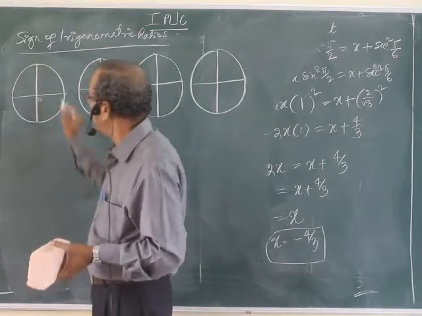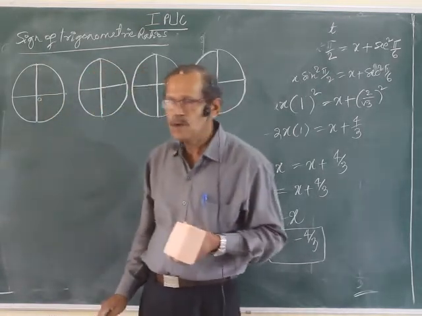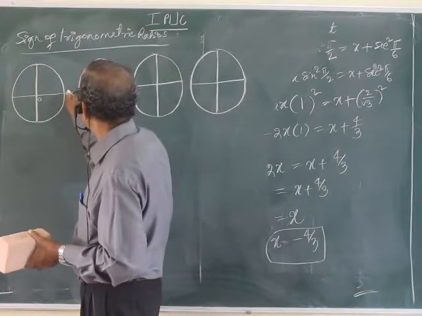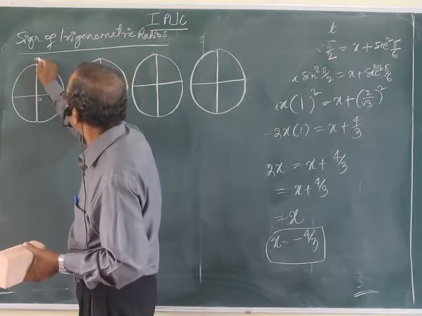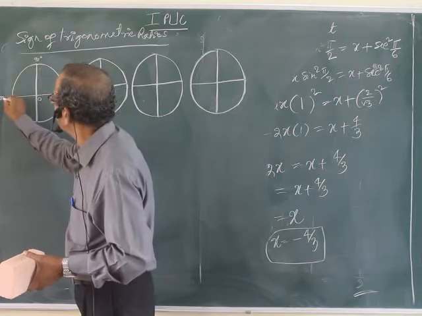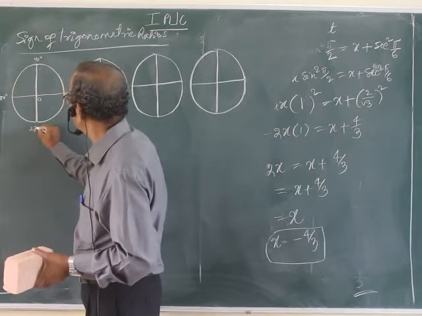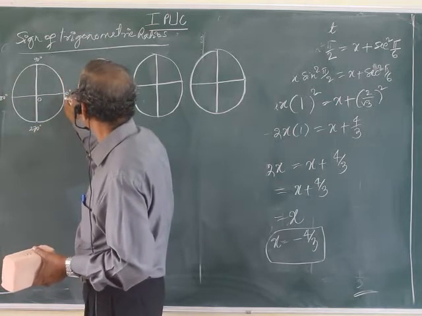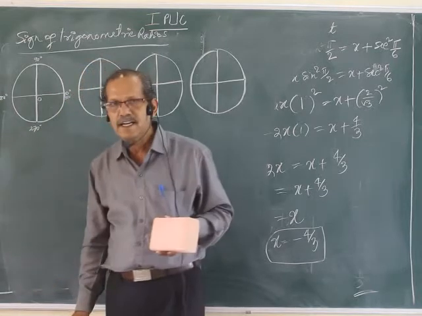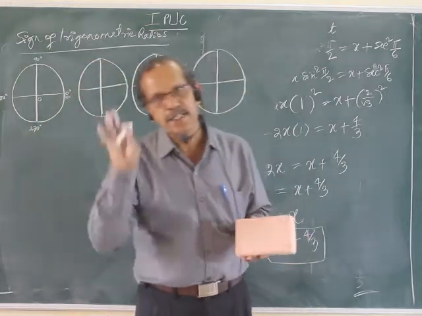Center of the circle, let it be always O. Now, this is actually 0 degrees to 90 degrees, that you know. This one is 180 degrees. This one will be 270 degrees. And once again it is 360 degrees. 360 degrees and 0 degrees, same place.